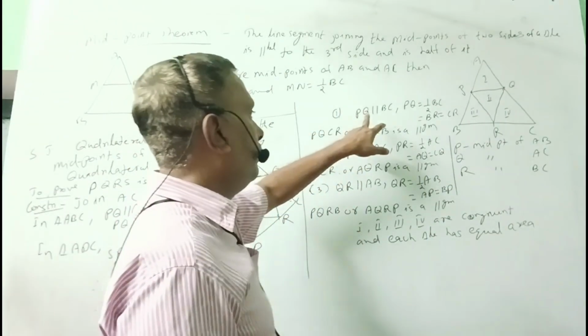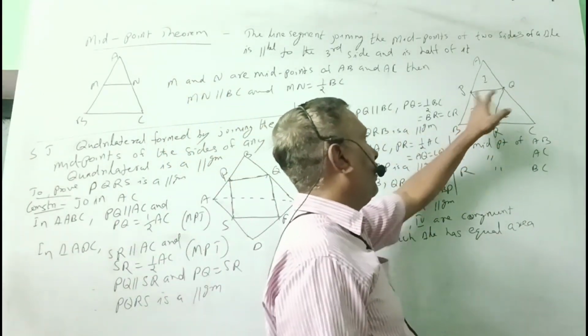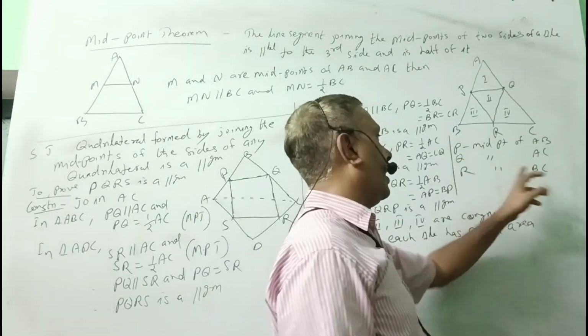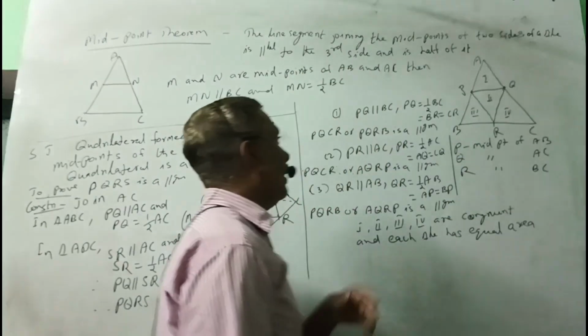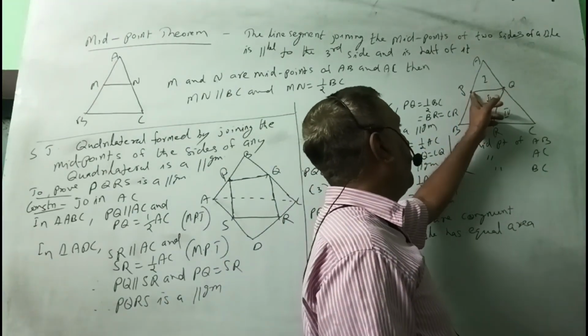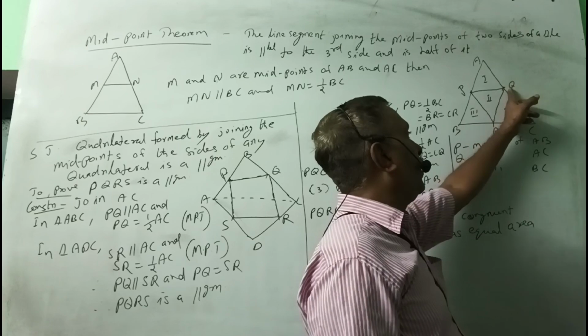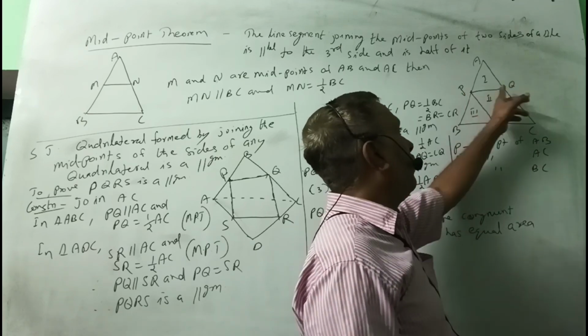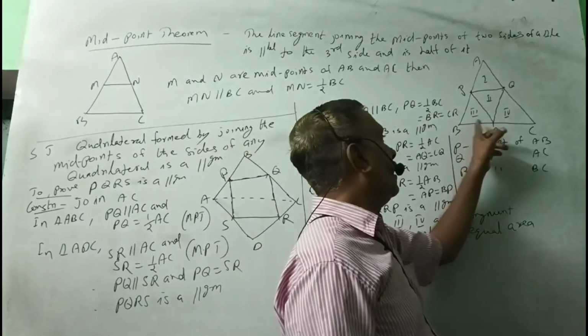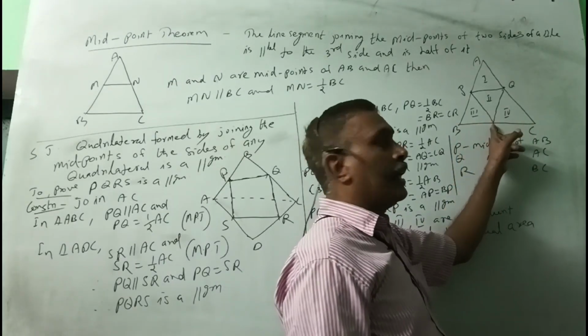So very simple. Here it is given P, Q and R. P is the midpoint of AB, Q is the midpoint of AC, R is the midpoint of BC. First one I am telling: P and Q are the midpoints, so PQ is parallel to BC and PQ is equal to half of BC. Half of BC means BR or CR because R is the midpoint.